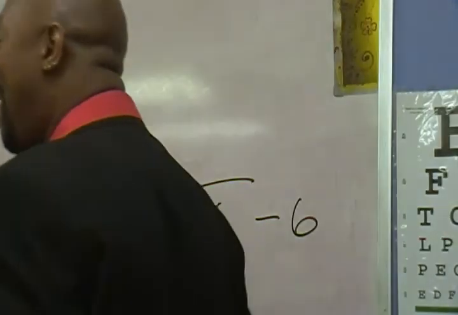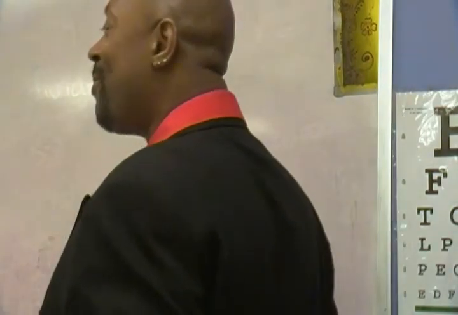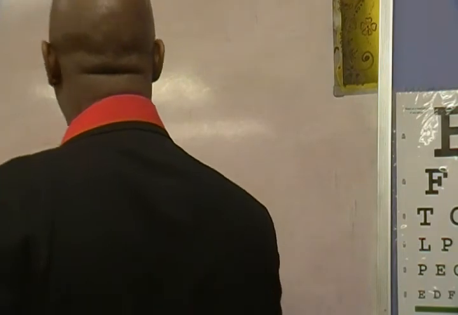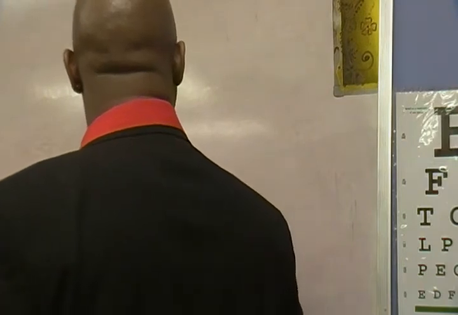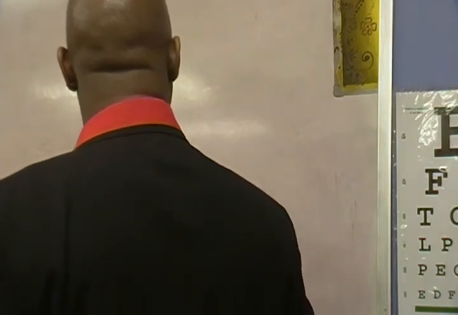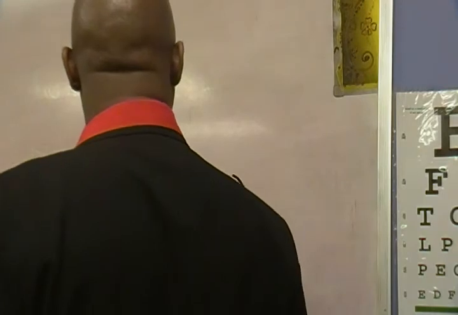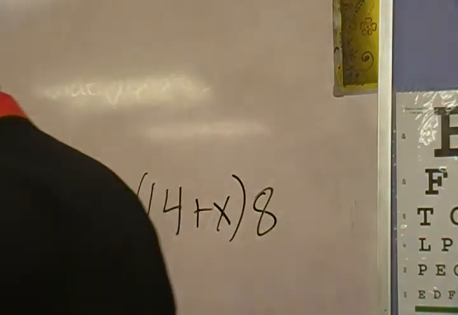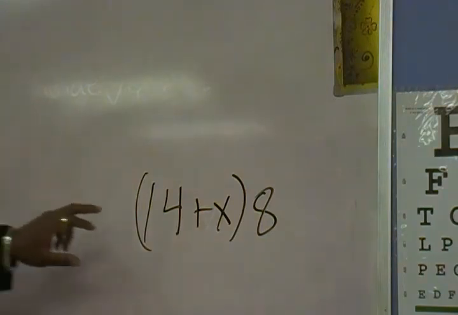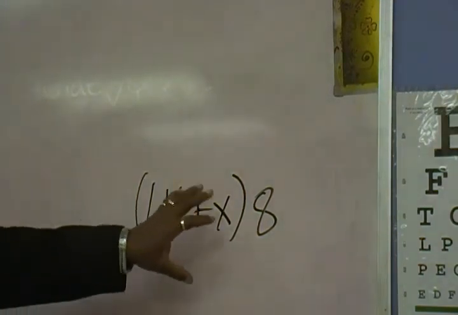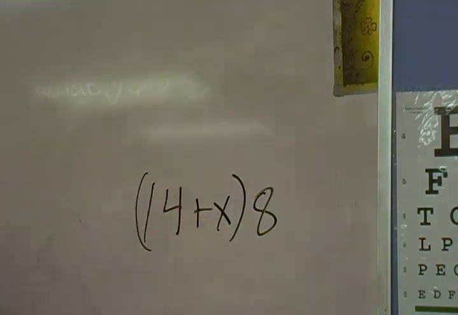You get good, Phil. So it's 14 plus x in parentheses, 8. All right, 14 increased by a number, all multiplied by 8.